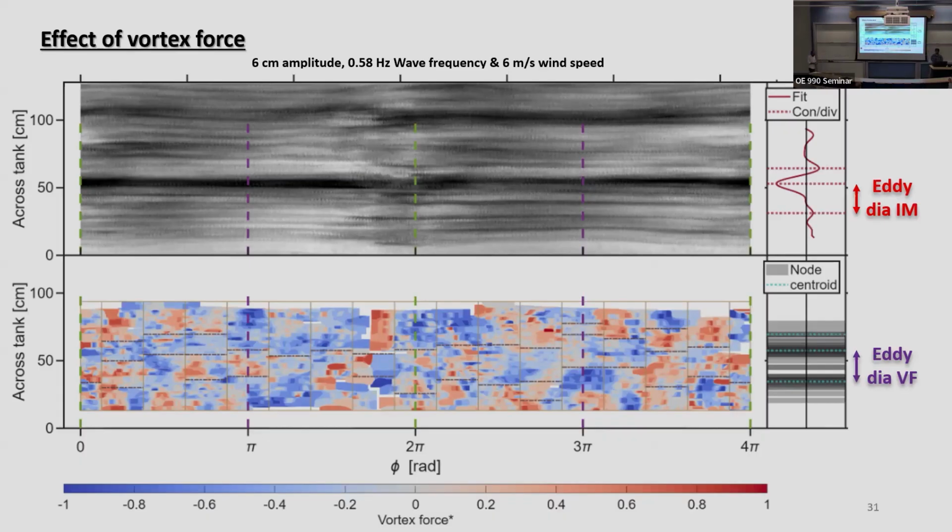Can you get eddy diameter as a function of frequency? That could be something we look into next, and it helps to have a better resolution in the next study.